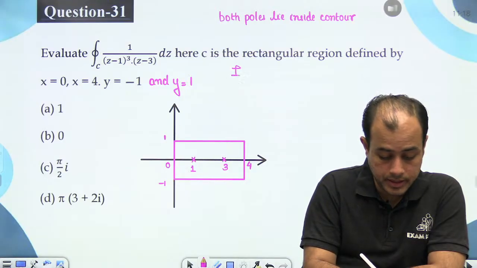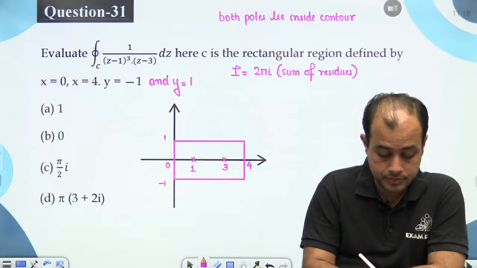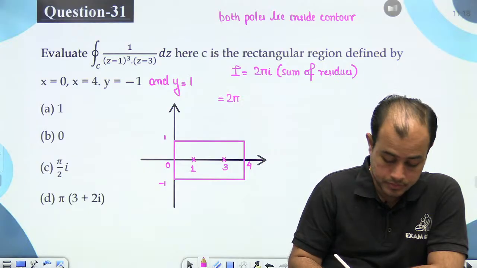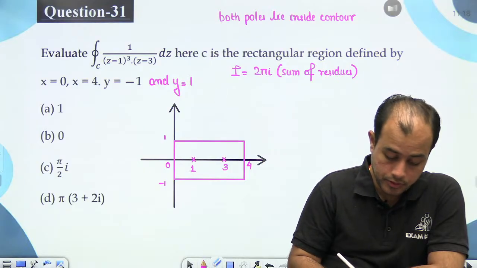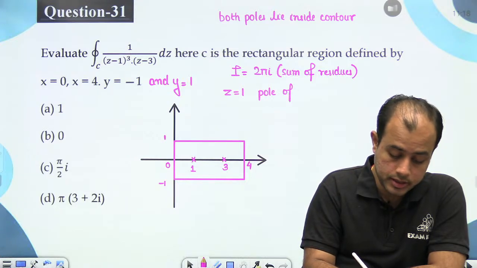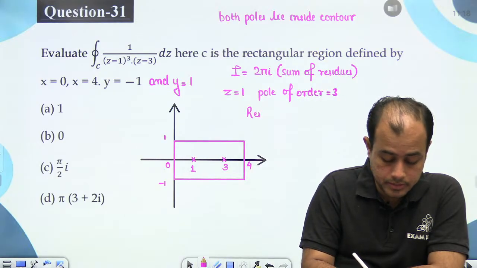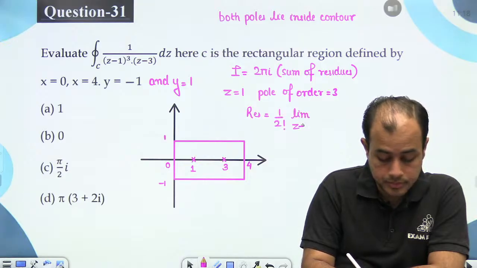So the integral will be 2 pi iota into the sum of residues. So first I will take z equal to 1. It is a pole of order 3. So residue will be 1 by 2 factorial, d square by dz square.